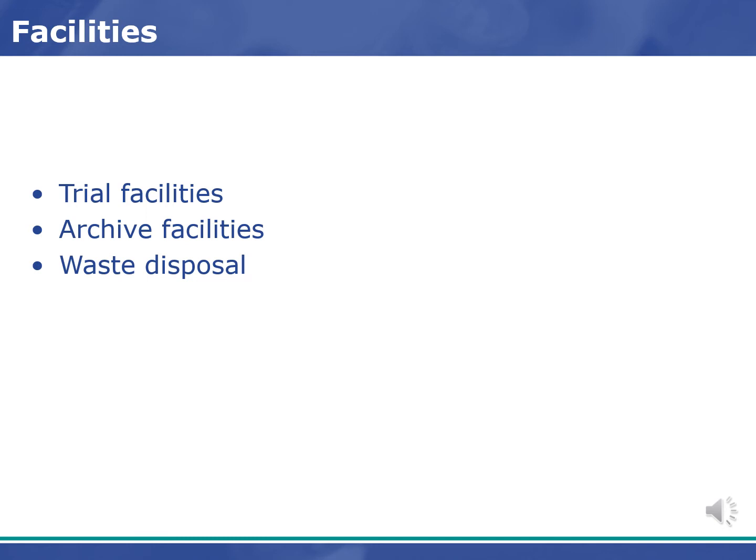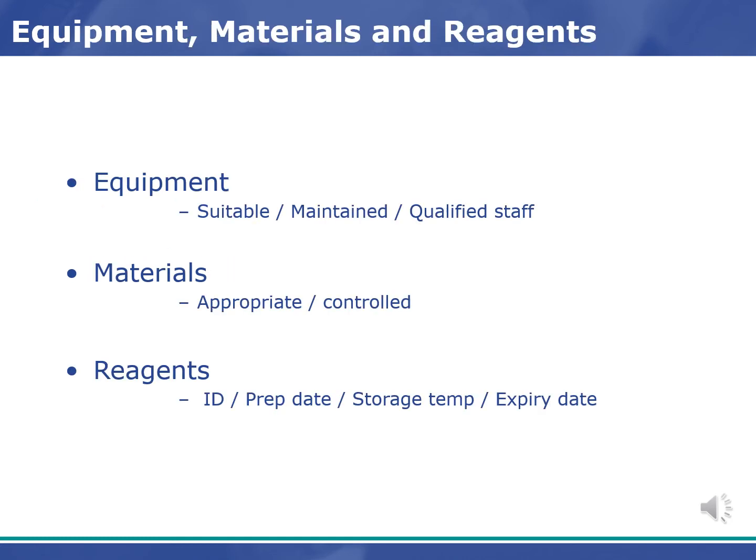Now remember, we're not only dealing with medical waste disposal of samples or blood samples or serum samples, we're also dealing with possible chemicals that we need to get rid of, and GCLP simply requires that you do this according to local regulation. So it's not specific to tell you how to do it. It should be done the way that the laws of the country that you're operating in require.